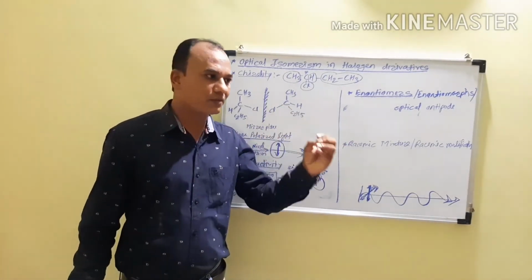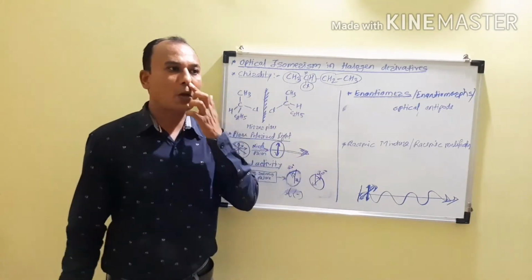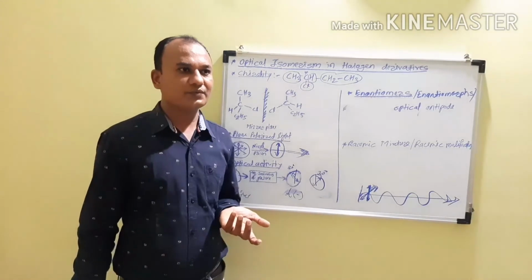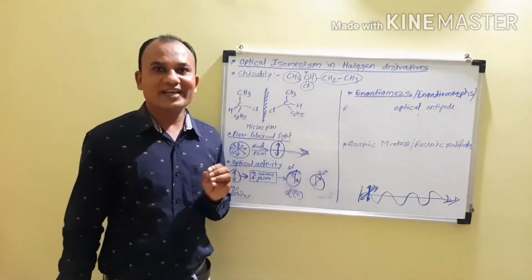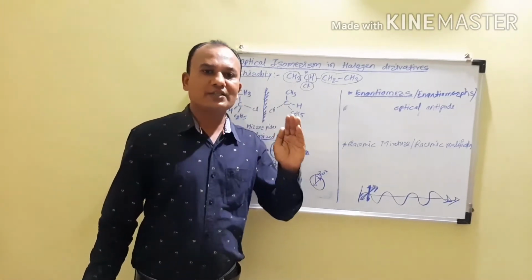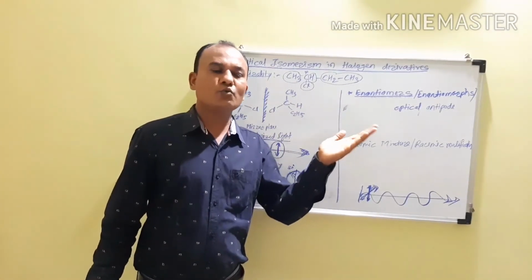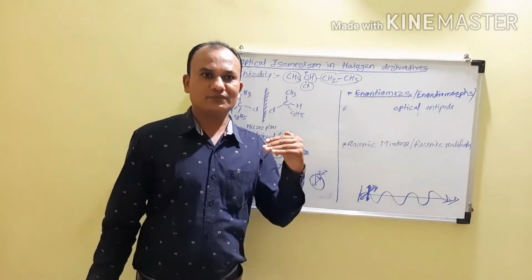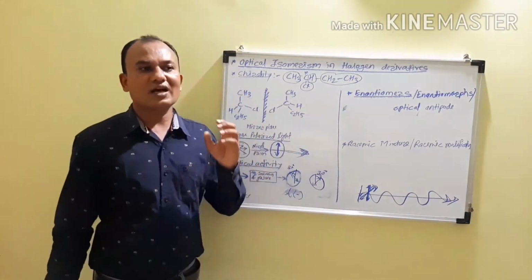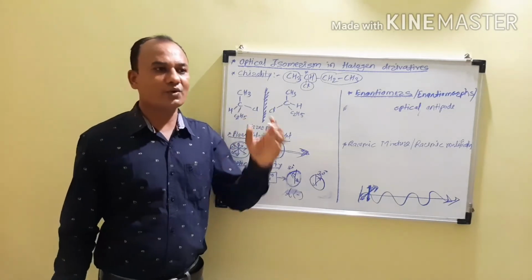Such molecules are called optically active compounds. And optically inactive compounds are those which cannot rotate the plane of plane polarized light towards the right or towards the left. It means there will be no rotation. Such compounds are called optically inactive compounds.